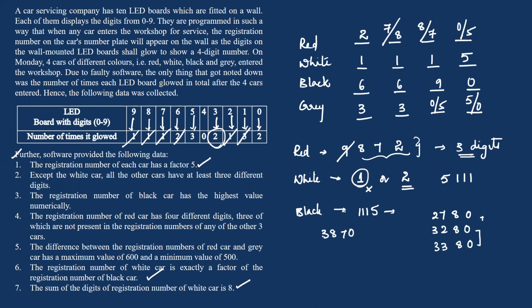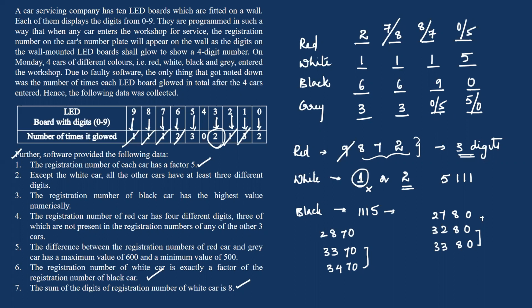Now, if I consider this to be 2870, plus 500, 3370, or 3470. So the number should be between these. Clear? Now 3370 is not possible because you have 335. 3355 is possible, or 3350 is possible, isn't it?